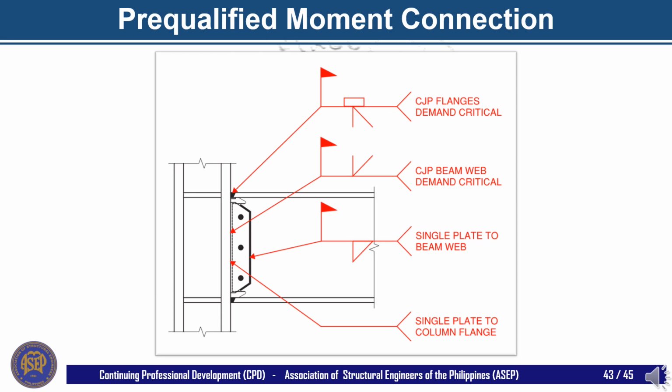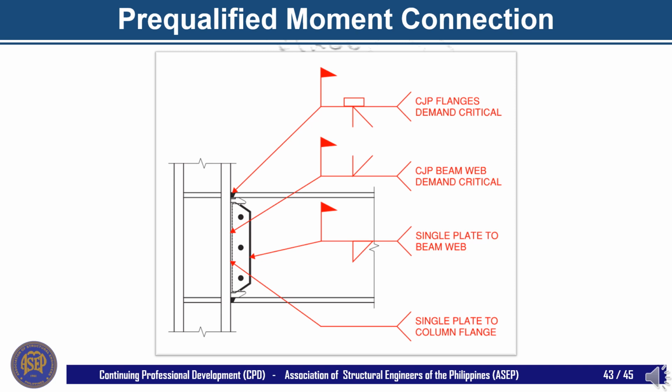The slide shows a welded unreinforced flange welded web connection. With this connection, the beam flanges are field welded to the column flange using CJP welds detailed as demand critical. Similar to the beam flanges, the beam web is also CJP welded in the field to the column flange using demand critical welds.